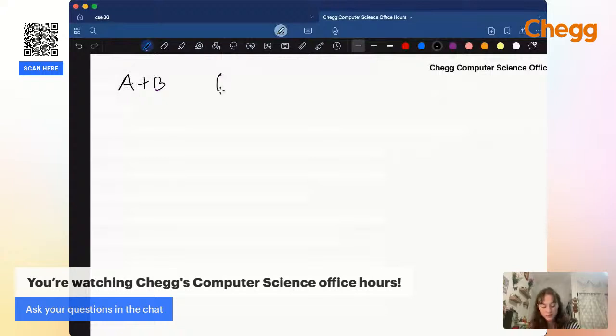So I'm going to do 2 NOTs around A or B, and that's like double negation, right? So these 2 things are equivalent. And then using De Morgan's law, I'm going to distribute the NOT, and I'm going to distribute it like that.